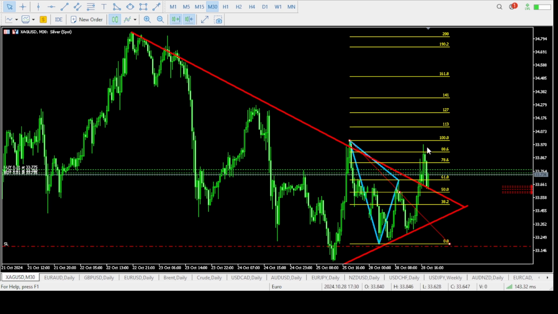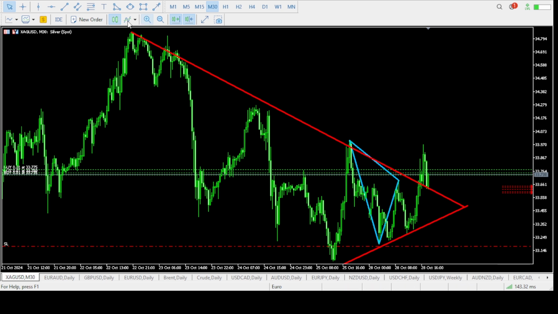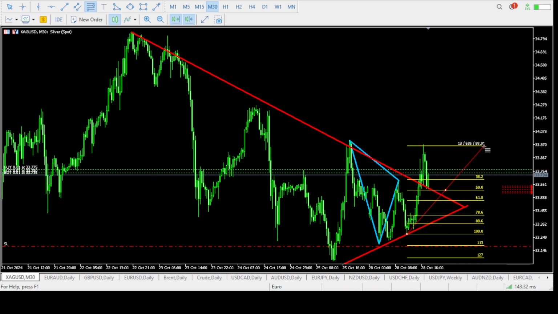So this pattern is still in play. Hopefully it fails soon. That's my wish. As it is now, market is going how I want it to be.